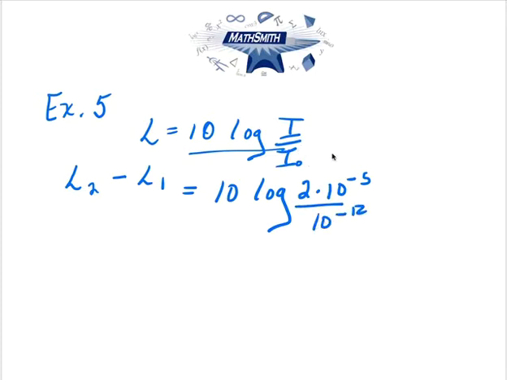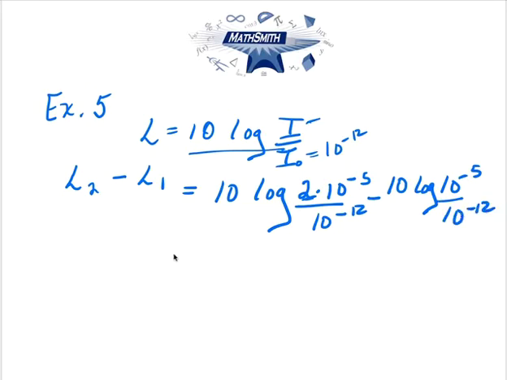They told us I sub 0 was 10 to the negative 12, and they told us that one of these stereos was 10 to the negative 5, but we got two of them. And we're going to subtract that from the loudness of just one stereo. So this is the same formula again, except instead of multiplying by 2, it's just going to be 10 to the negative 5 divided by 10 to the negative 12.